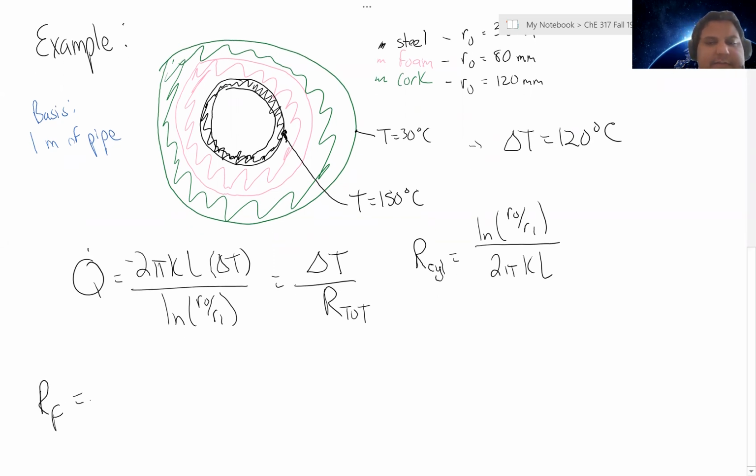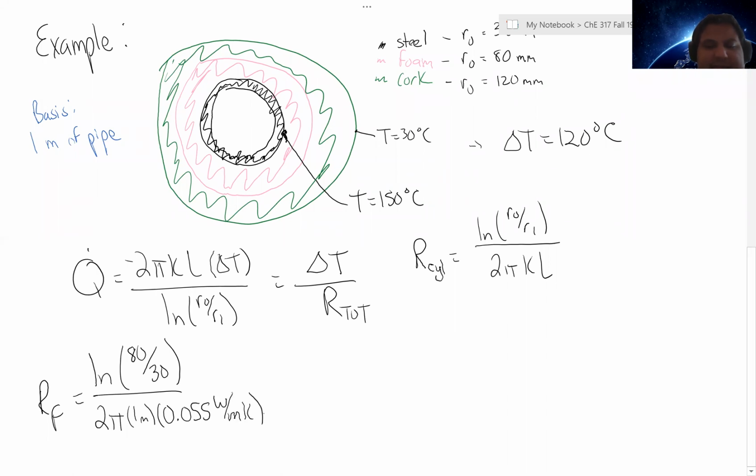So for the foam, I have ln of R over Ri, or 80 over 30, divided by 2 times pi, times L, which is 1, times the K, which for foam was given as 0.055 watts per meter Kelvin.